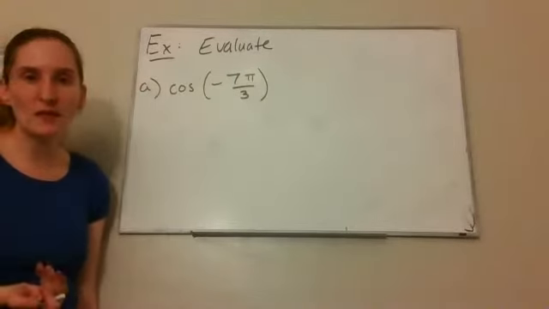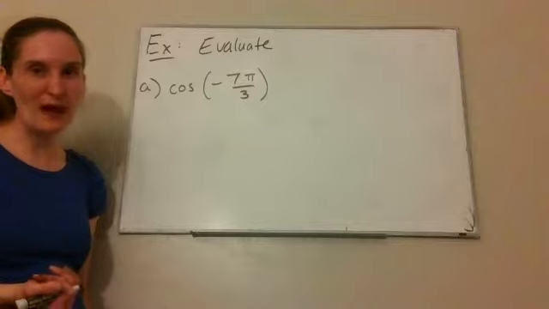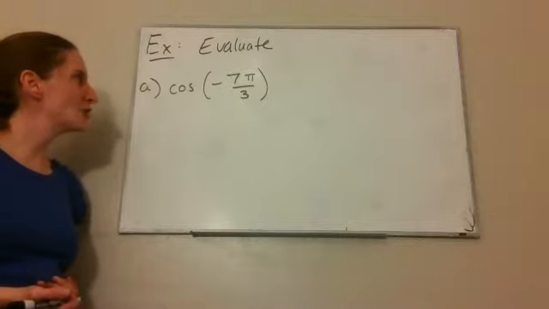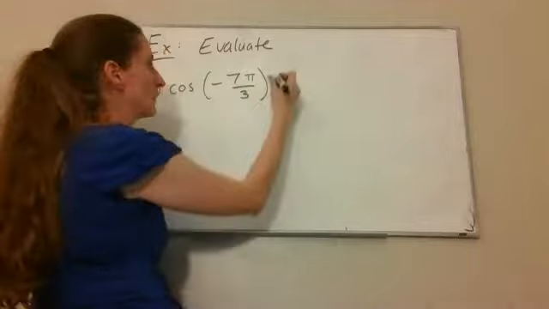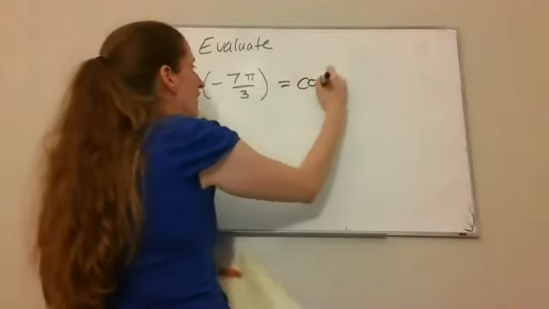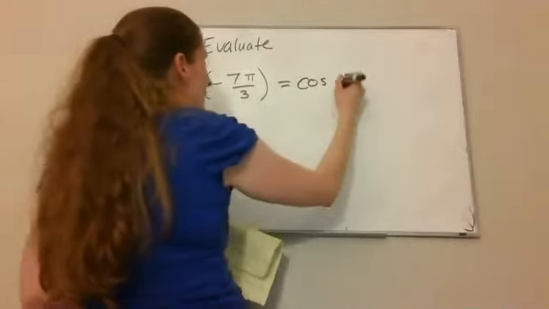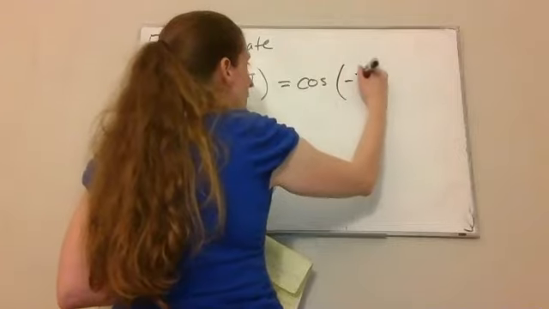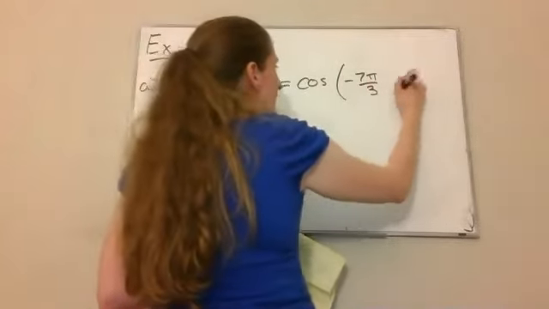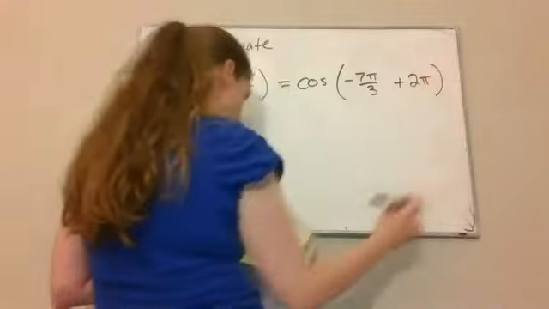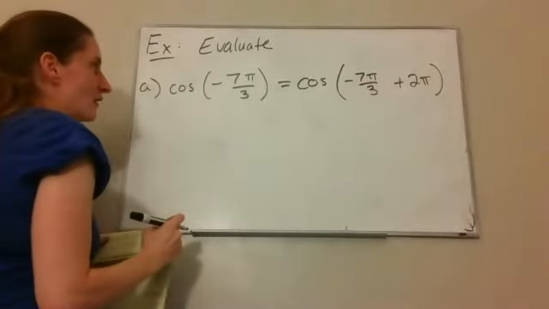Well, I know that the period of cosine is 2 pi. So if I add 2 pi inside of the parentheses, I'm not going to change the end result. So I know cosine of negative 7 pi over 3 is equal to cosine of negative 7 pi over 3 plus 2 pi, just using the period of cosine.